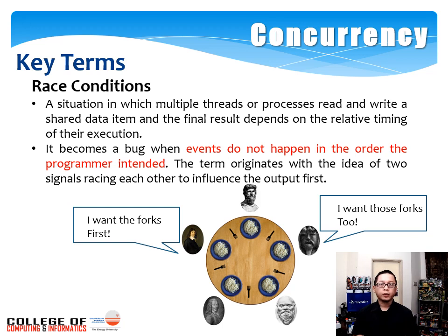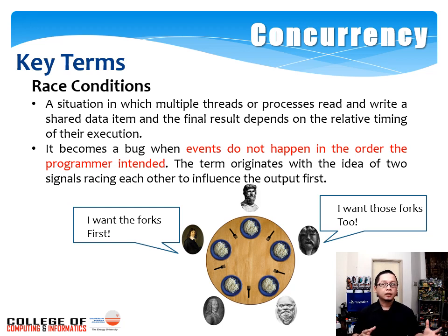Another condition that could happen in a concurrent process that is executing is, of course, the race condition. So what is race condition? It simply means that all the processes are competing to get the use of the important resources in order for them to finish.